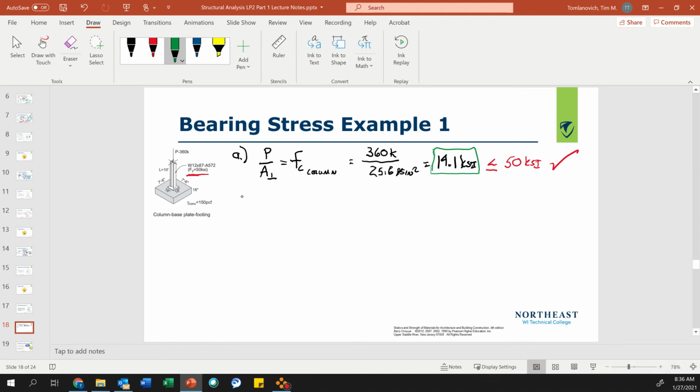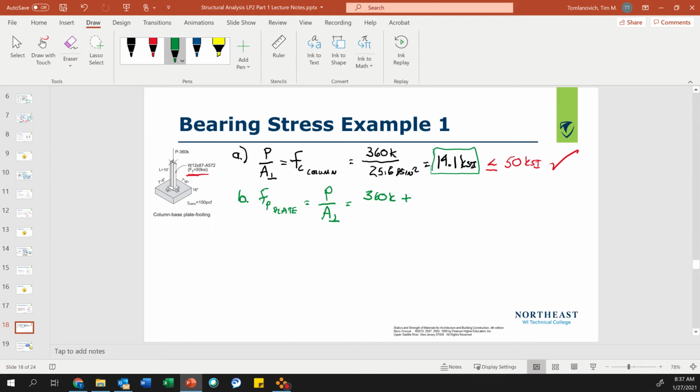Okay, so for B, we need to add, so bearing, so F, P, I'm going to say plate bearing stress, plate, equals P divided by the area perpendicular. Okay, so our P equals 360 kips, but we have to add the weight of the steel.